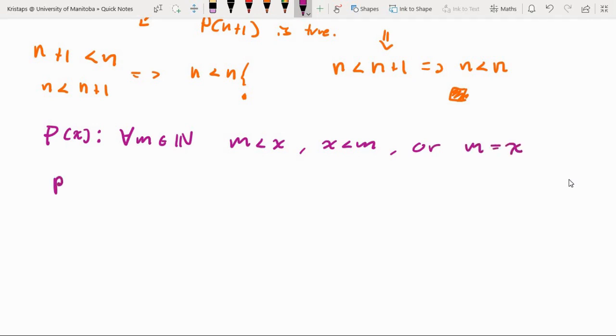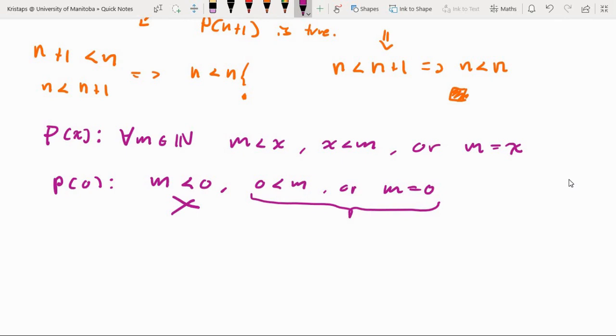So the base case statement would be that either m is less than 0, or 0 is less than m, or possibly that m is equal to 0. We know that m can't be less than 0 by the lemma we established in the previous video. And then the remaining two possibilities get packaged up into simply the statement that m is greater than or equal to 0. And by that exact same lemma, we know that this is true.